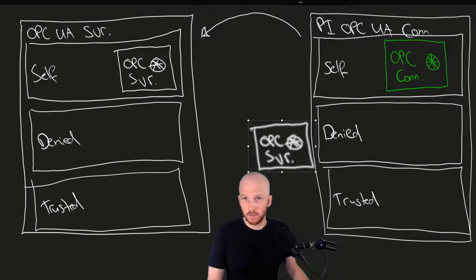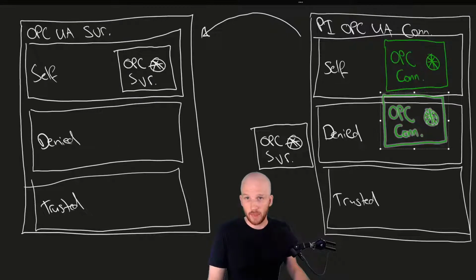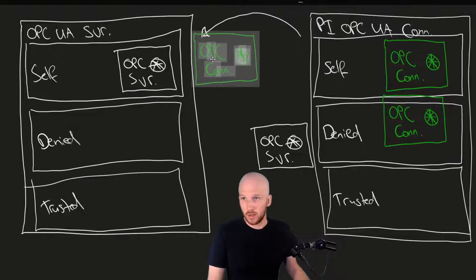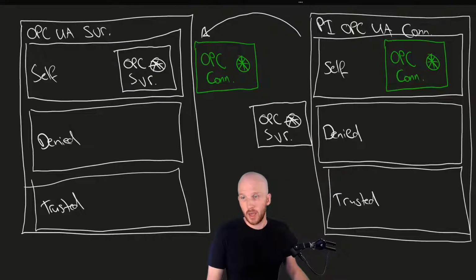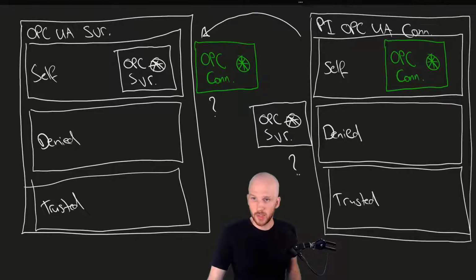So the server gave its public certificate to the connector, and the connector gave its public certificate to the server. Now, each one looked at the certificate and said, do I trust this certificate? Is this in my trusted certificate store?